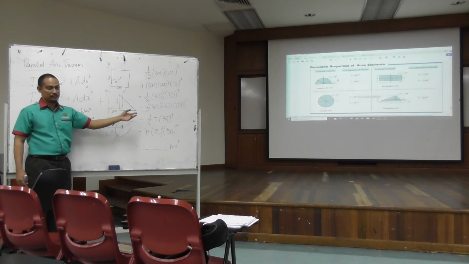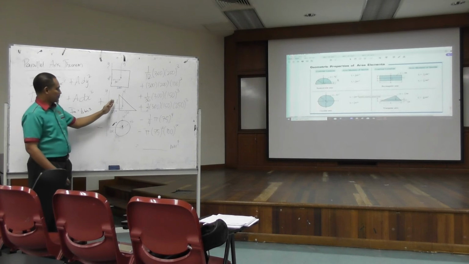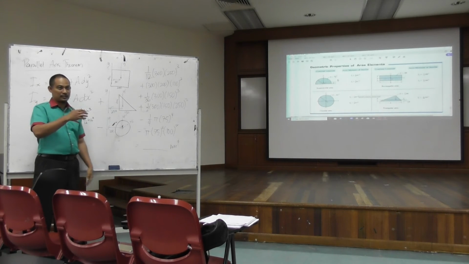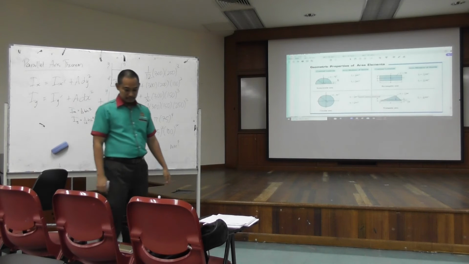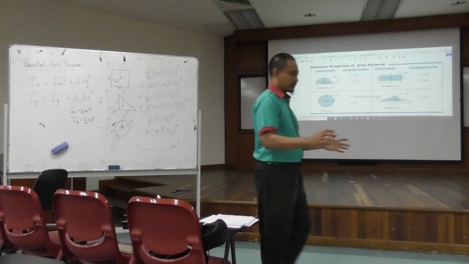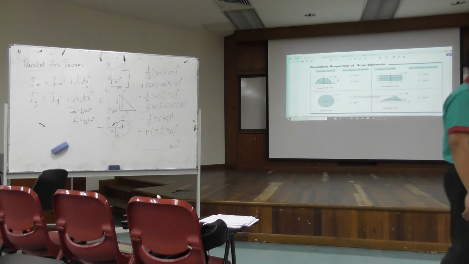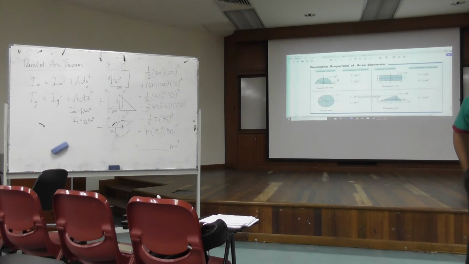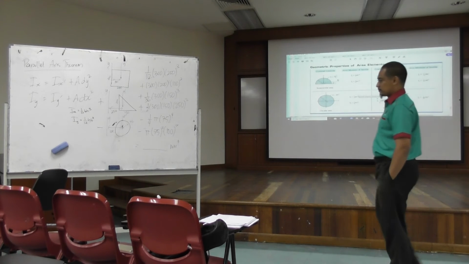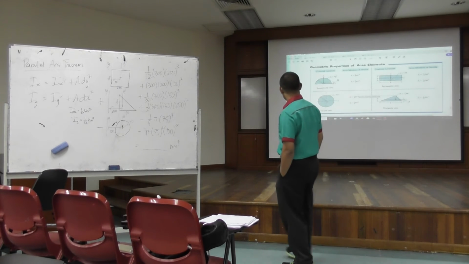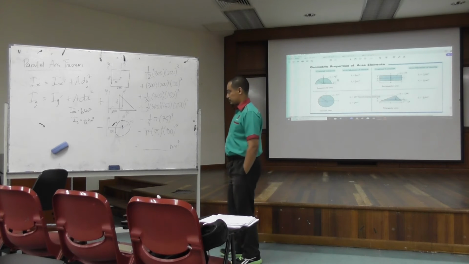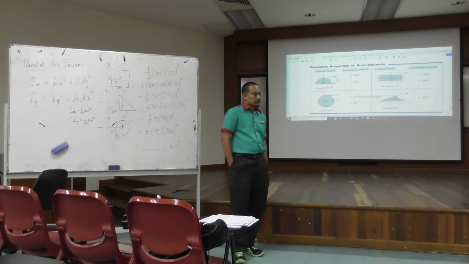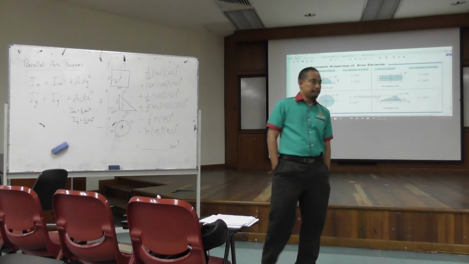Otherwise, it becomes this and this cube, HB cube. As long as you understand, however you understand. Circle is not a problem because it doesn't have any base and height.